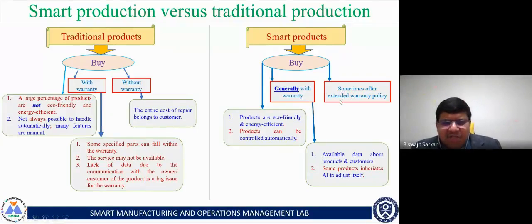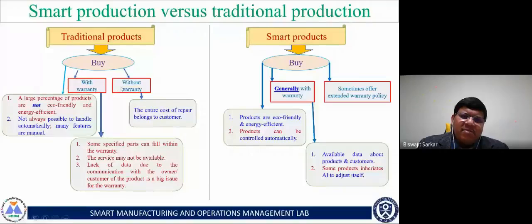Now, don't ask me, okay sir, I have a smartphone, why doesn't it have the warranty? It's talking about smart products for the larger products, the big companies, big machines. Even when you are buying a mobile phone, there is some warranty, maybe very few days or months, but something is offered from the company.